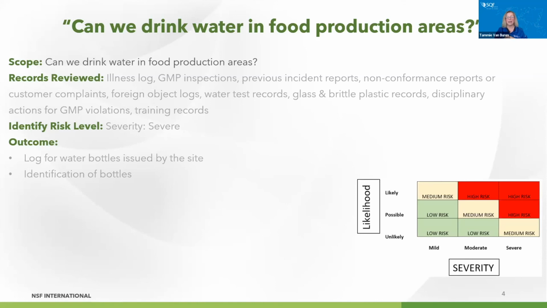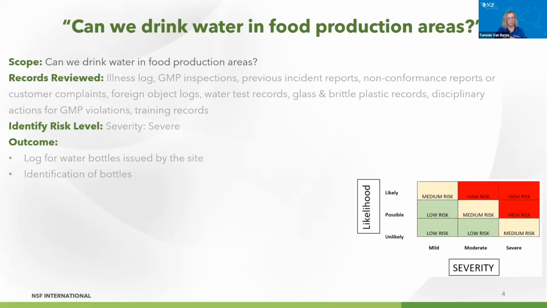So we didn't set our likelihood level, but we had already identified some outcomes that were coming up as we were brainstorming, so we started parking lotting those at the end. We talked about water bottles. We wouldn't want you to bring any old water bottle from home.